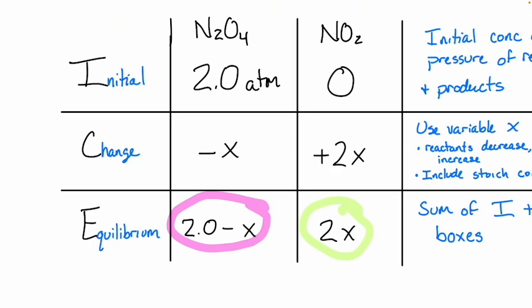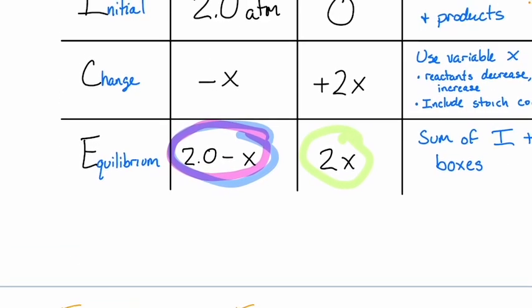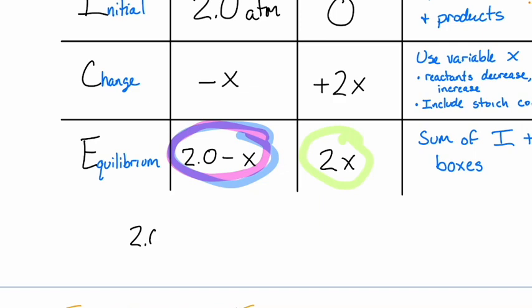At equilibrium, my reactant reaches a pressure of 1 atm. This is my pressure at equilibrium here. So this box here is equal to that 1 atm. So all I got to do in order to solve for x is say, well, 2.0 minus x equals 1.0, right?